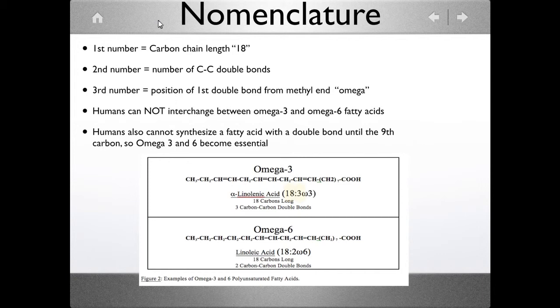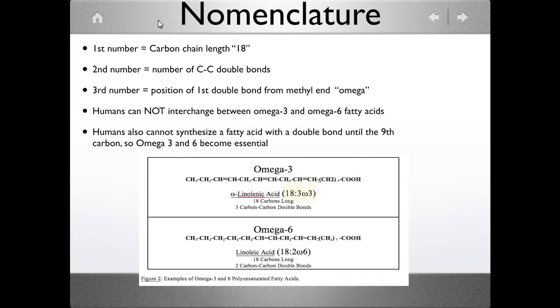So in this case, there are 3 double bonds, which makes it a polyunsaturated fatty acid. The third number tells you where the double bond starts. That starts on the third and fourth carbon, which you can see. So again, first is the carbon chain length, second is the number of double bonds, third is the first position where the double bond occurs.